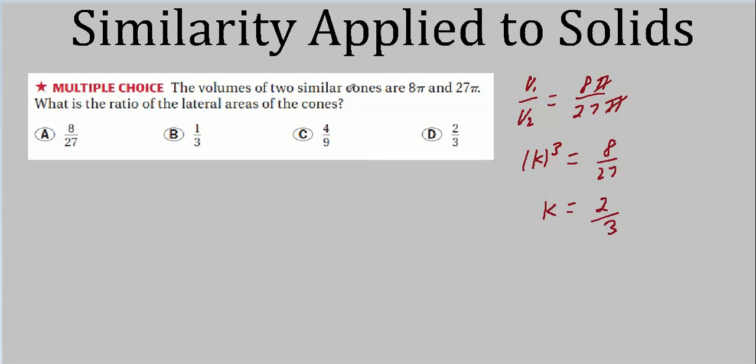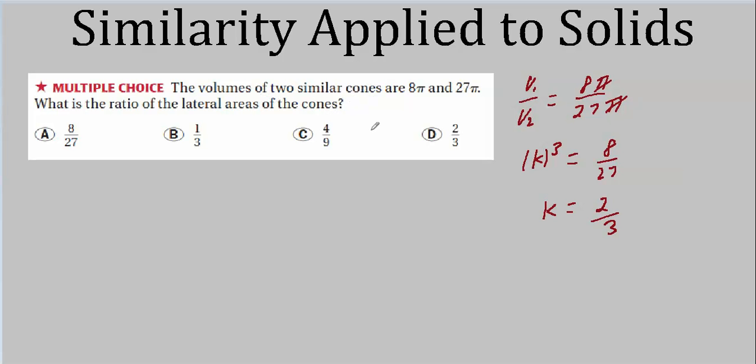But they asked us, what's the ratio of the lateral areas of the cones? And it wouldn't matter if they'd said the surface area of the cones or the base area of the cones. These are all squared parameters.